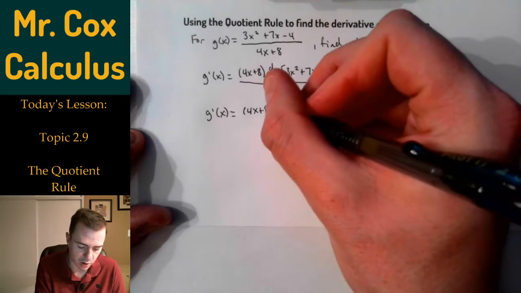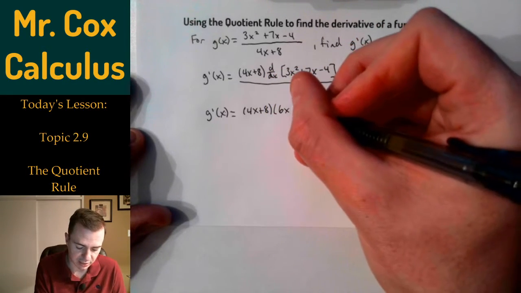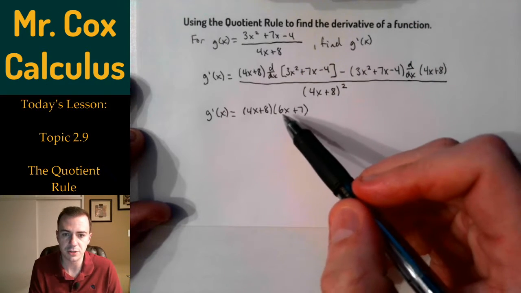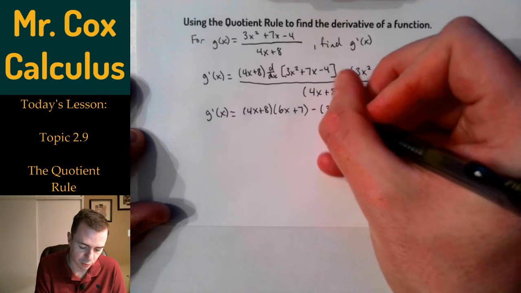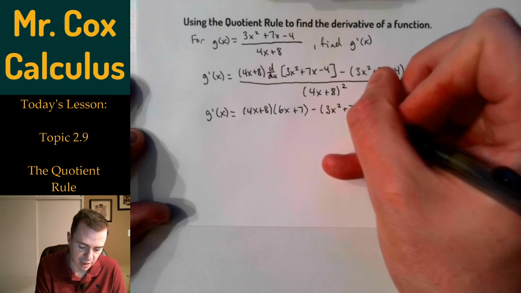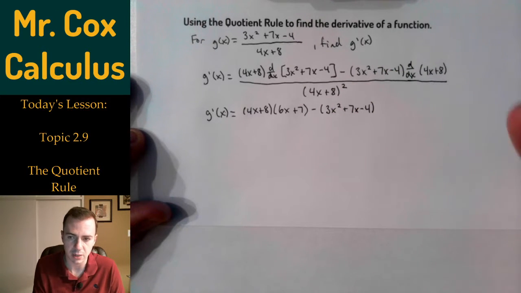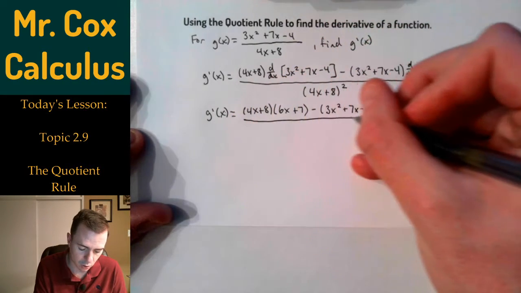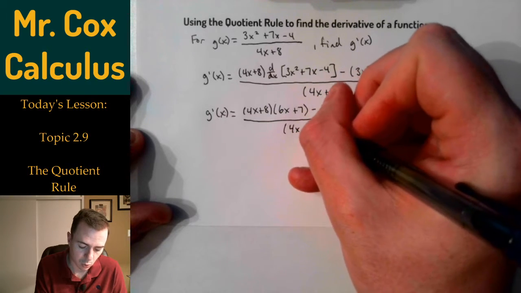Derivative of 3x squared is 6x. Derivative of 7x is 7, and the derivative of minus 4 is 0. So there's the derivative of this piece right here, minus 3x squared plus 7x minus 4 times the derivative of 4x plus 8, which is just simply 4. And it's all over 4x plus 8 quantity squared.